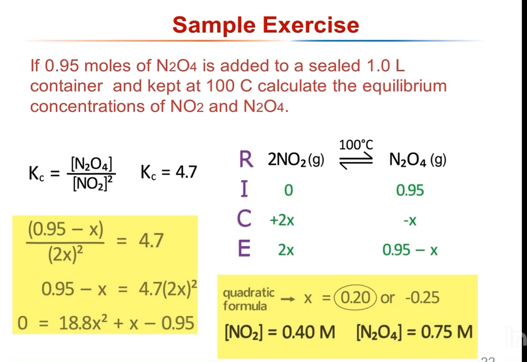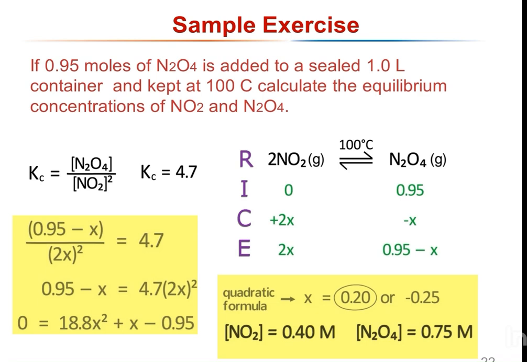Let's go back to the RICE table. What is I in the RICE table? It is the initial concentration, the concentration at the beginning of the reaction. So 2NO2 at the beginning is 0. And we have N2O4, which is 0.95.